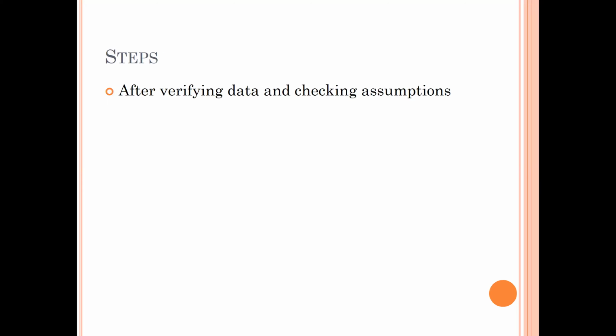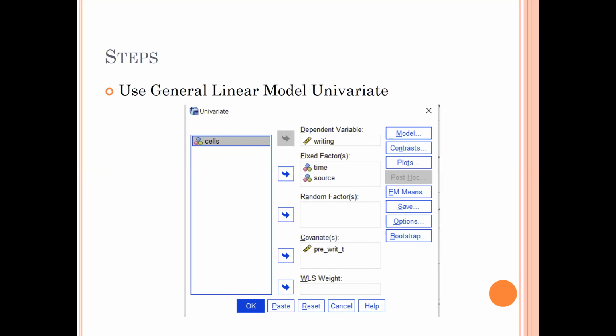So we're going to go through the steps of these analyses. We're going to say that we've verified the data and checked the assumptions, and we are going to proceed, again, using the general linear model command in SPSS. Our dependent variable is writing. Our fixed factors are the timing, immediate or delayed feedback, and the source of feedback, self, teacher, or peer.